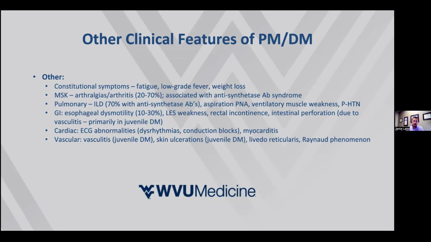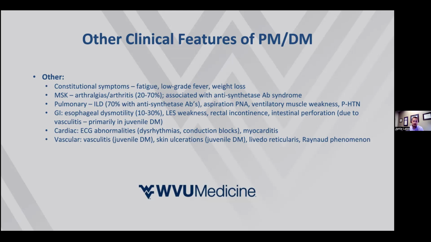There can be incontinence issues. And fortunately, rarely and generally not in the adult population, but with dermatomyositis being housed under the vasculitis/vasculopathy category of things, there have been reports of intestinal perforations more in the juvenile dermatomyositis cases, but pretty rarely. There can be cardiac involvement, and then there can be different forms of cutaneous involvement.